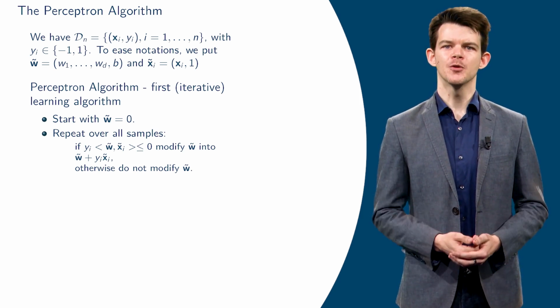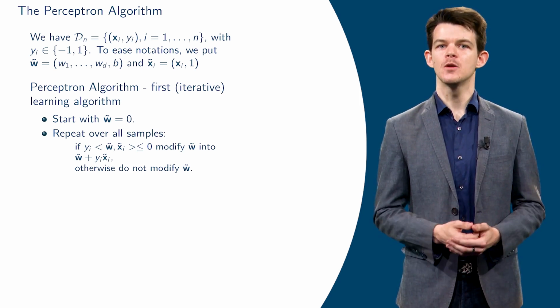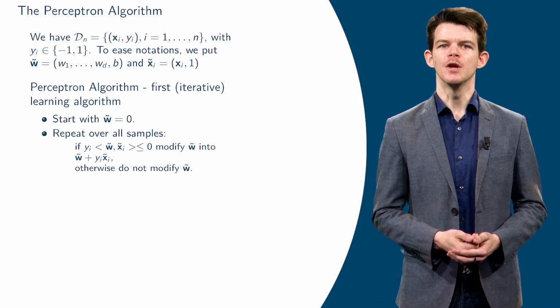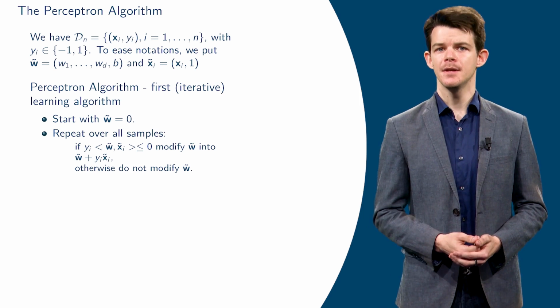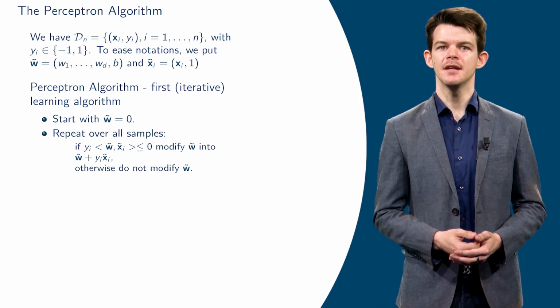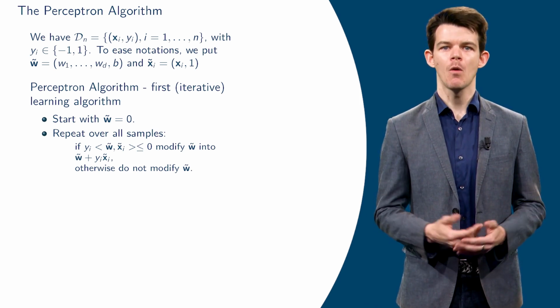The prediction given by the perceptron is equal to 1 if W tilde xi tilde is larger than 0. Let us imagine that yi is equal to -1. So if yi W tilde xi tilde is negative, then it means that W tilde xi tilde is positive, which in turn means that the perceptron is going to predict 1.